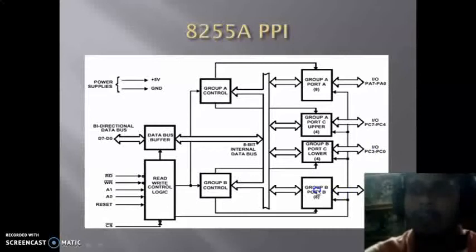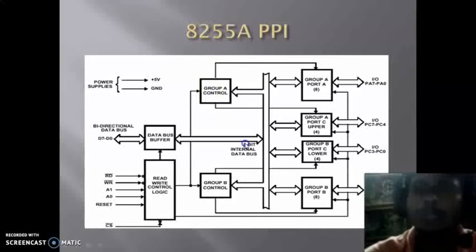And we have group B. One important part is port B, and we have pins PB0 to PB7 for this port B. So this can be used as input output also. All these ports can be used as input as well as output.